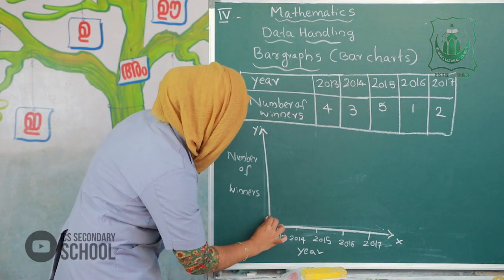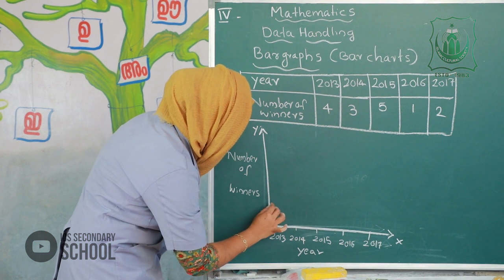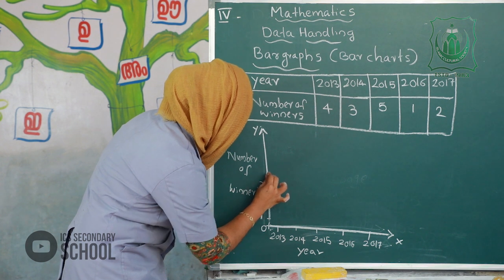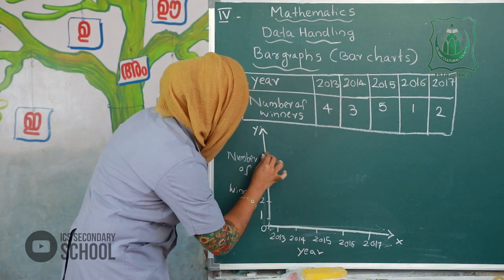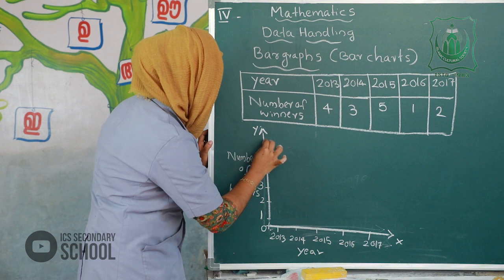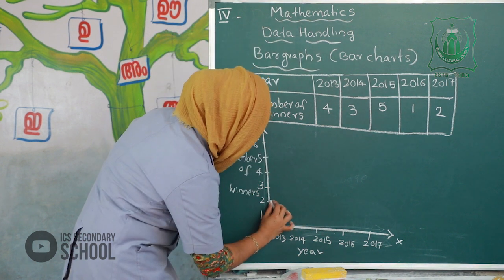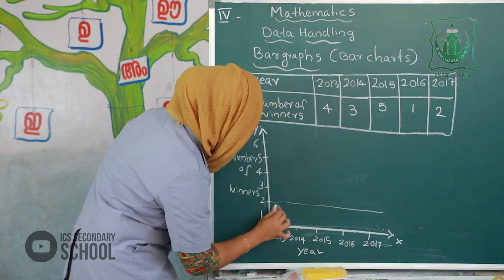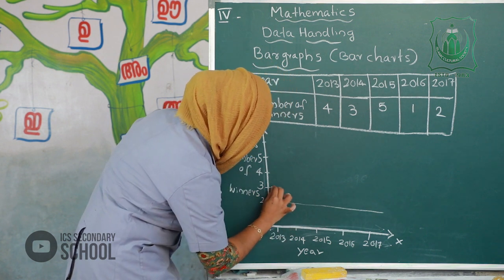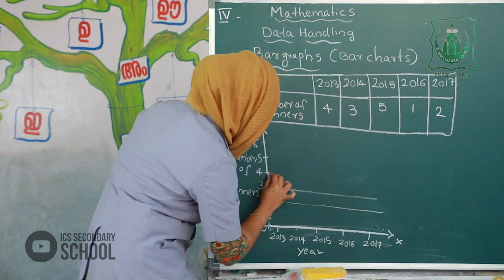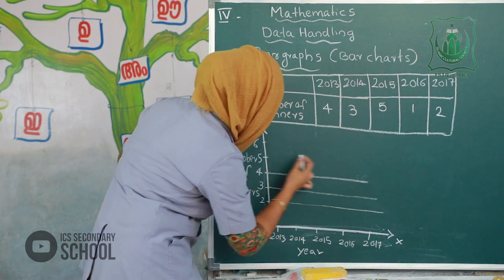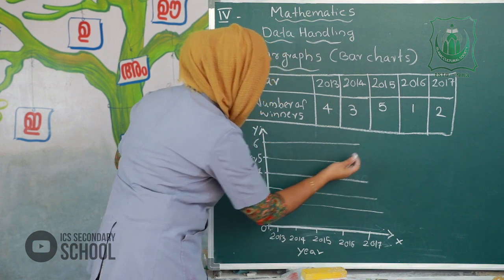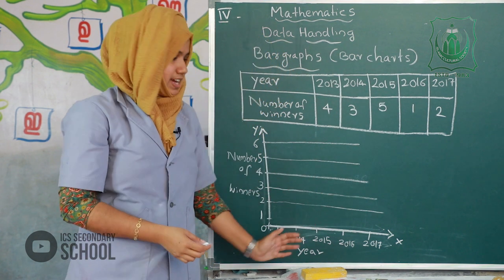So, we can start 1, 2, 3, 4, 5. Here we can make lines at equal distance. If you are drawing a bar graph, you draw the lines at equal distance.